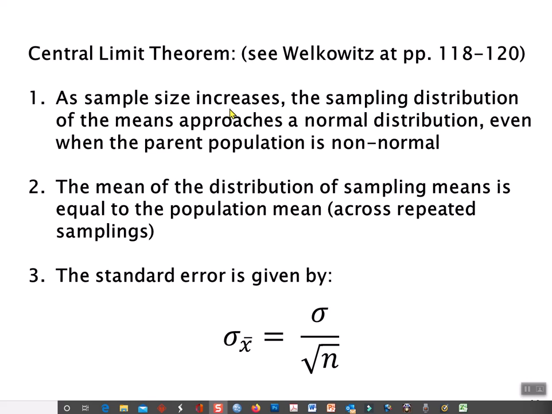To summarize, going back to our 3 points of the central limit theorem, the most important of these is the standard error. And the standard error is in turn used to create the confidence interval around the sample mean to give you the possible range in which you can have the population value.